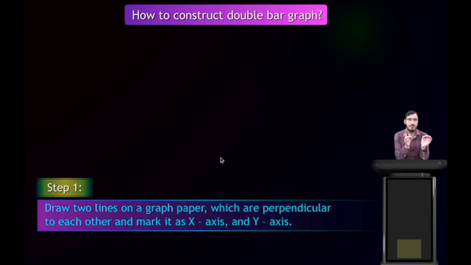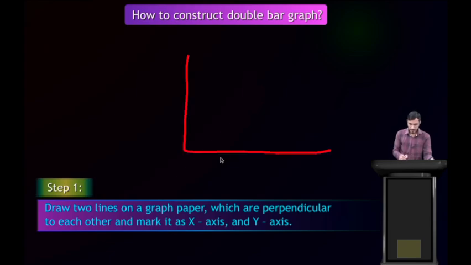So step one, draw two lines on a graph paper which are perpendicular to each other and mark them as x-axis and y-axis. Okay, students. The x-axis is the horizontal line, and the vertical line is the y-axis.